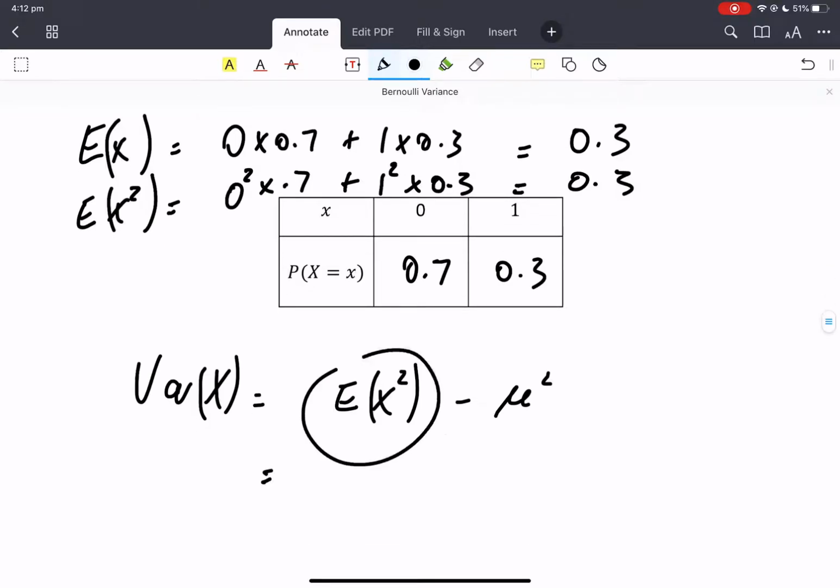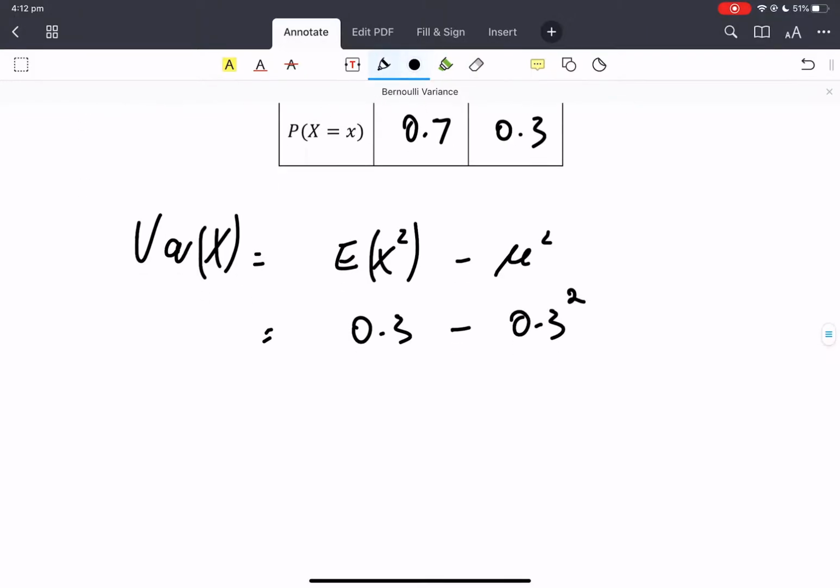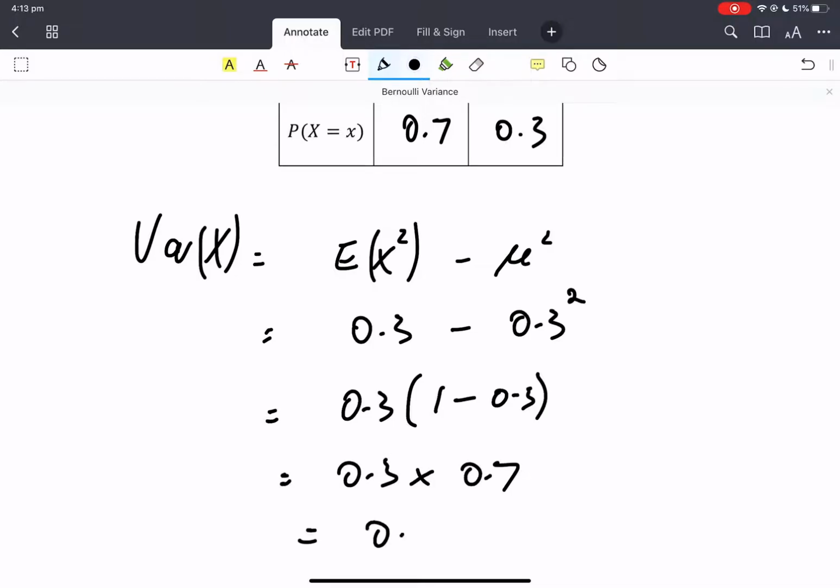So E of x squared is 0.3. Mu is 0.3, and we've got to square it. Let's factor the 0.3 out. That is 0.3 times 0.7, 0.21.